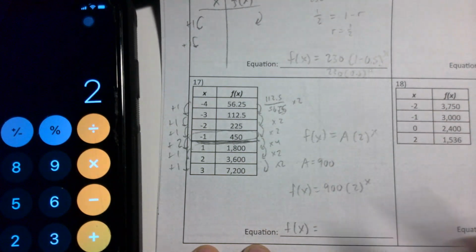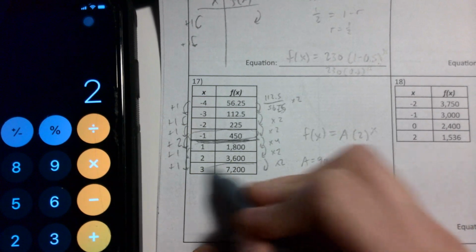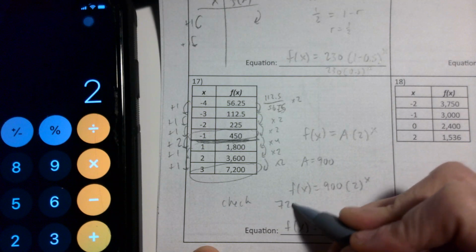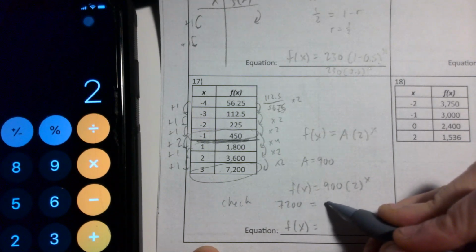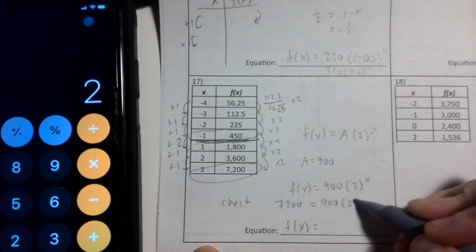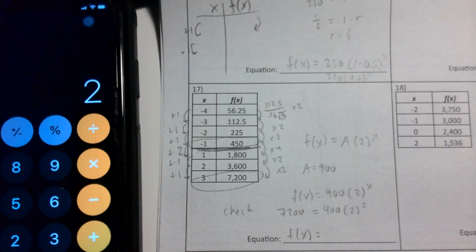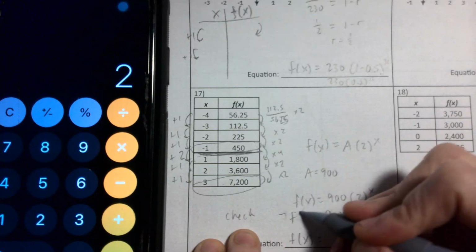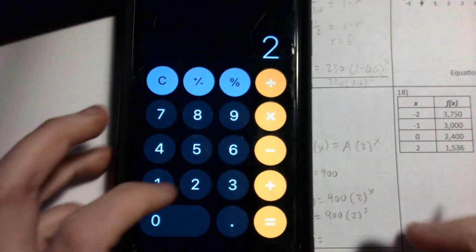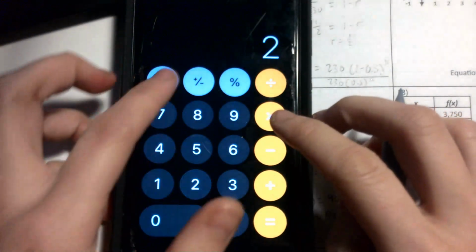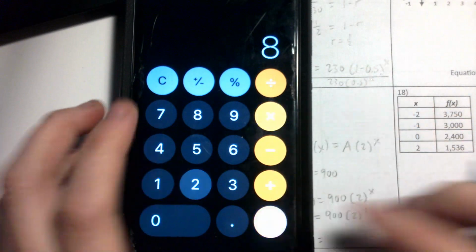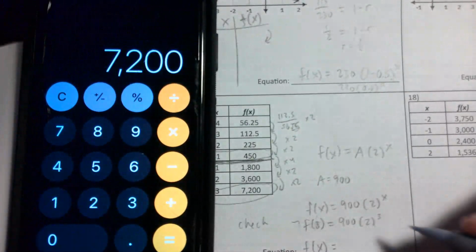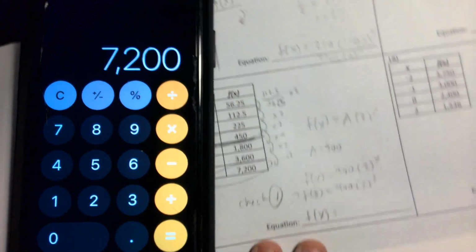All right, let's just check and make sure that we did that right. Okay, let's check this point right here. We have 7,200 equals 900(2) to the 3. Let's see if that checks out, right? Or we'll just say f of 3. So we have 2 times 2 times 2, 8 times 900, 7,200. So our equation works.